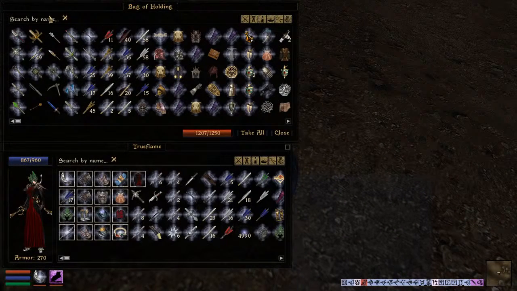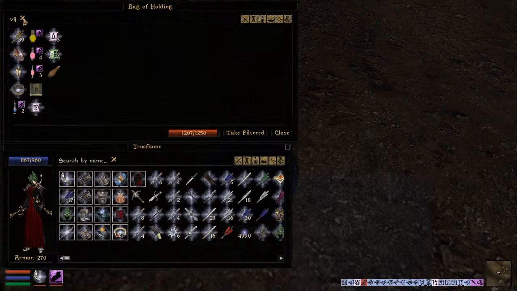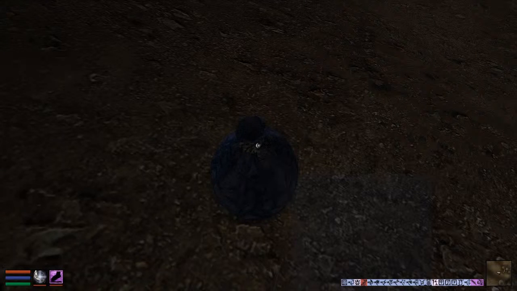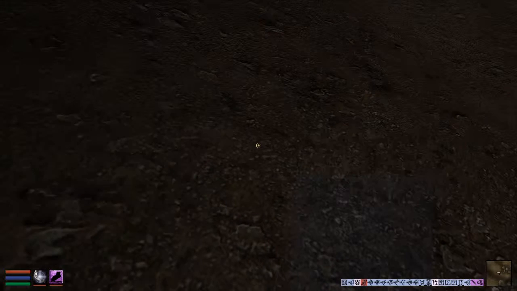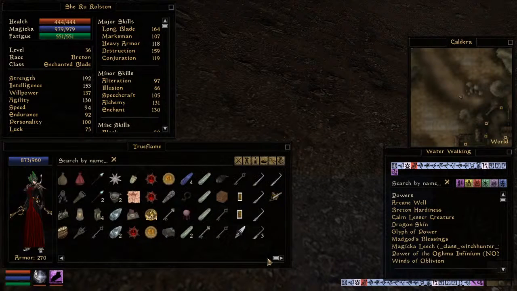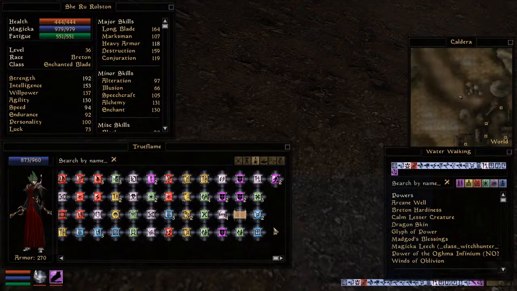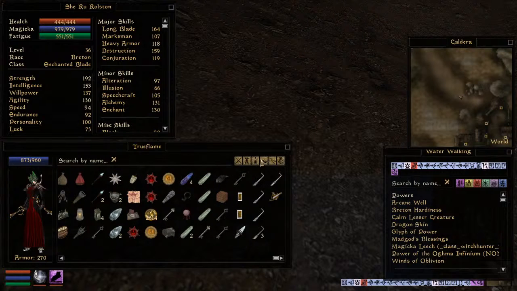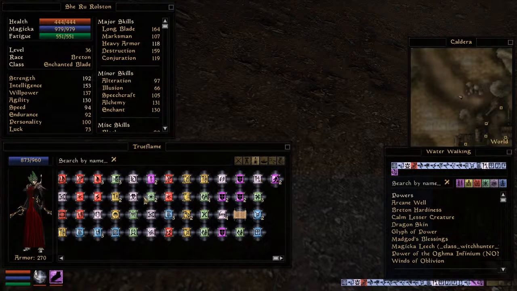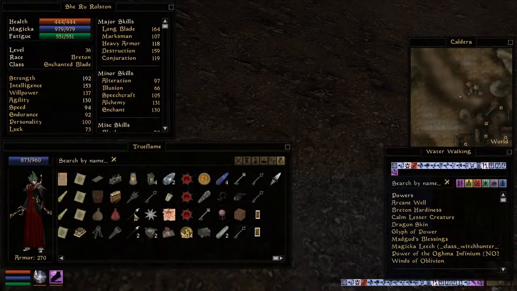And I just love these filters added by the UI mod where you can just start writing things and immediately verify if you have something or not. And I have no brandy here, but maybe I have some bottle.